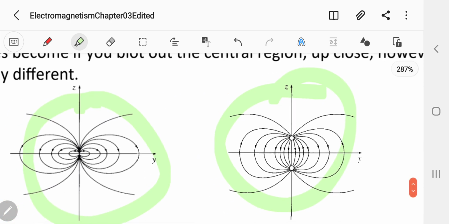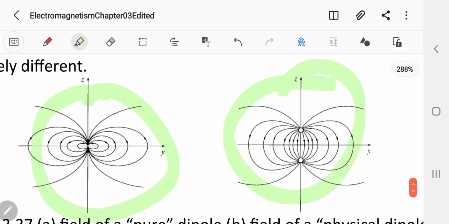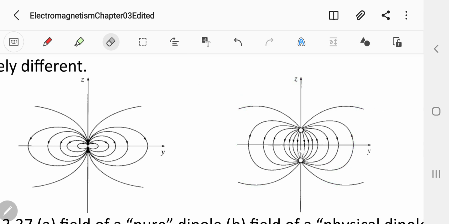They're similar. It looks similar, but in this one, you have very close charges, and in this one you're quite near to the dipole. But if you go far away, then it would look like this.